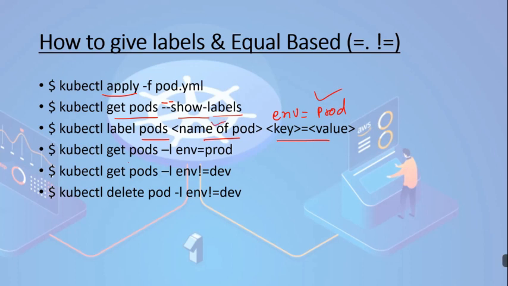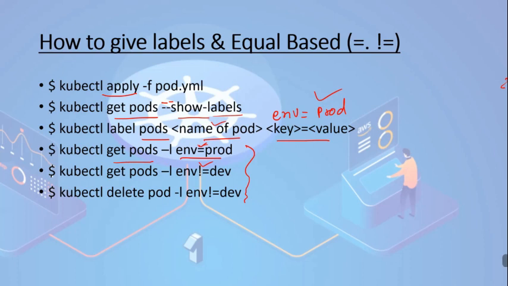Now if you want to list the pods matching a label, the command is kubectl get pods -l and the selector. This is an equality-based selector, meaning you are using the equal symbol here, and these are all equality-based selectors because you are using the equal symbol, and this is the not-equal symbol here.